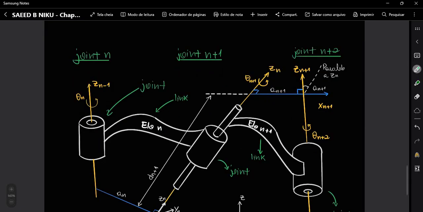So we have named this joint as n, the second one as n plus 1, and this third one we are naming as n plus 2.